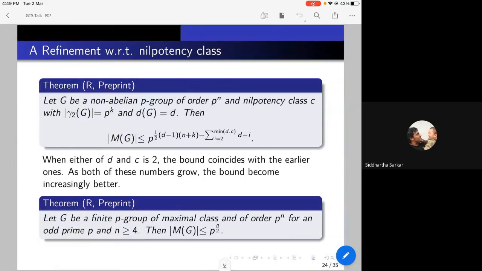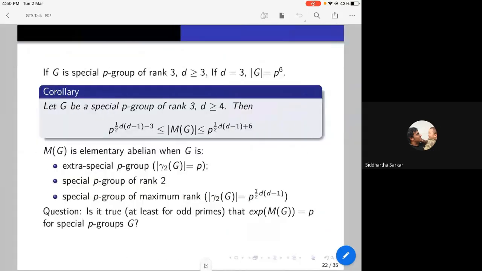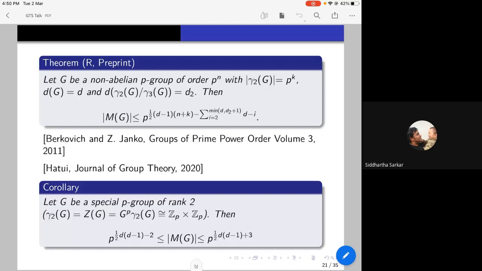Okay. So our refinement with respect to nilpotency class, again investigating X only, one can prove that |M(G)| is less than or equal to p to the power half (d minus 1)n plus k, minus the sum of (d minus i), where i runs from 2 to the minimum of d and c. And one can go a step further: the rightmost term, the summation, can be put in the first term also.